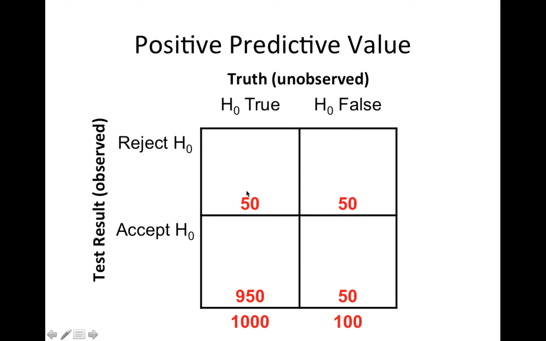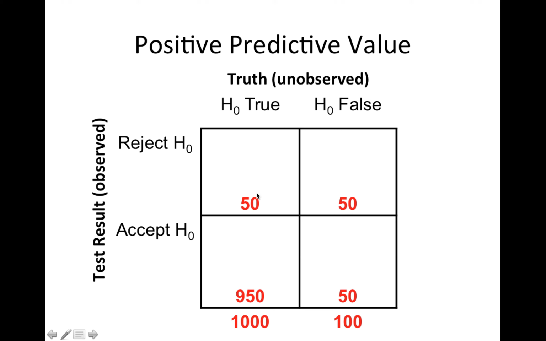If I have a 5% error rate, and I'm not talking about family-wise error control, let's just do a per comparison error rate control, that means 5% of my 1,000, or 50 voxels, will be deemed significant when in fact the null is true. We're rejecting the null, but the null is true. That is our false positive. Given the null is true, we've rejected the null, and that happens 5% of the time.